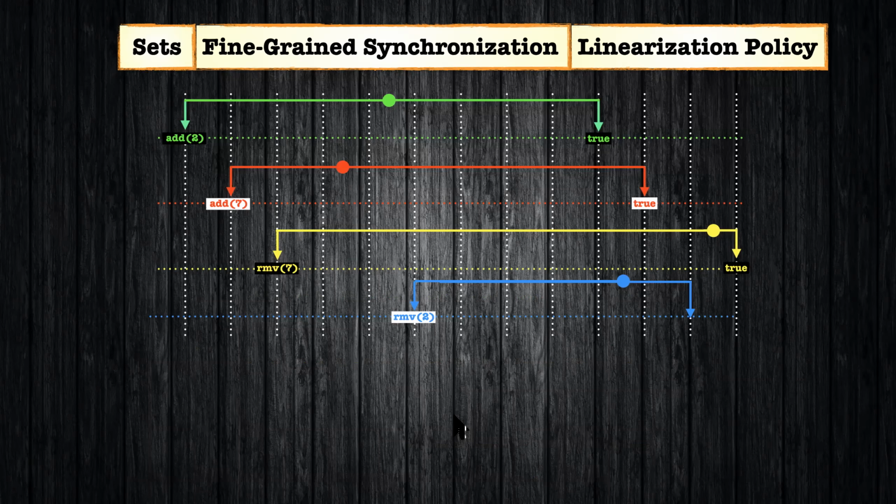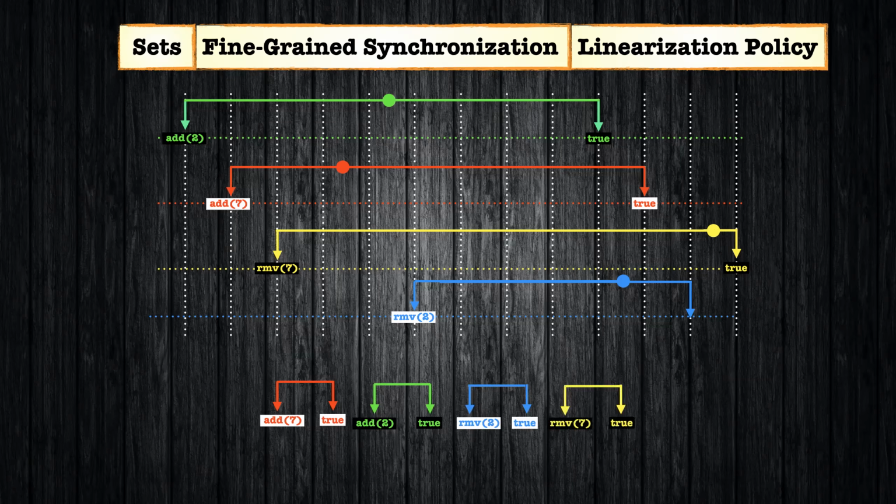What it does is that it gives you a concurrent history, and at the same time gives you the linearization points. So now what you have is a sequential history, because you have the first linearization point corresponding to this method call, and then you have the green one corresponding to this method call, and then you have the blue one corresponding to this method call, and then finally the fourth linearization point is this one here, which gives you this one.